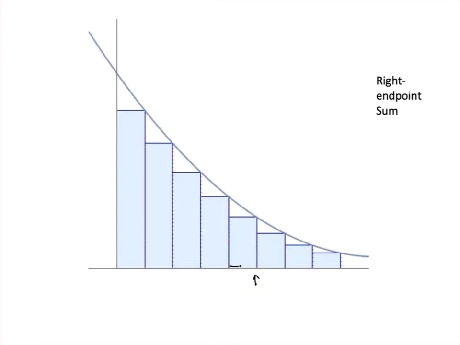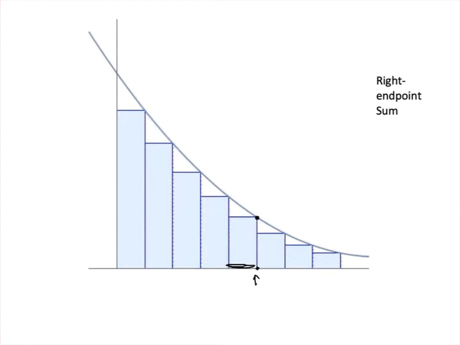If this is the base of a rectangle, you evaluate the function at the right end, because the right upper corner is on the graph. So that's what we do.